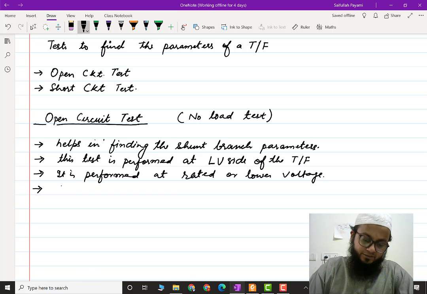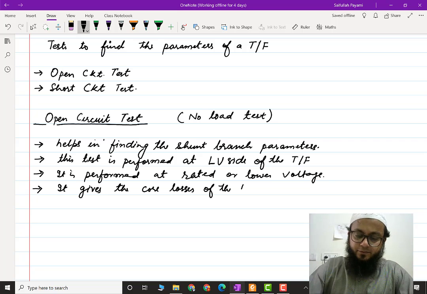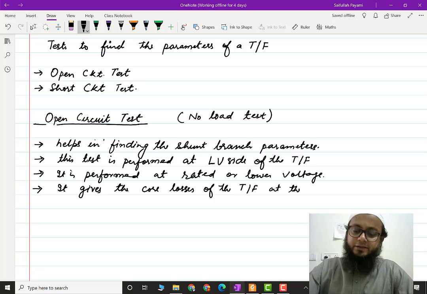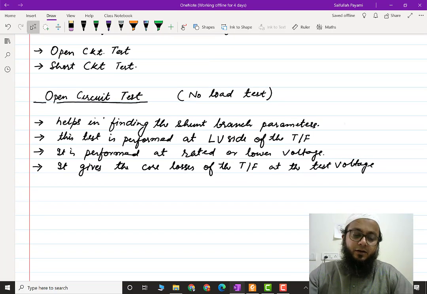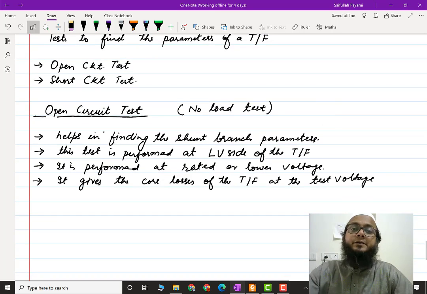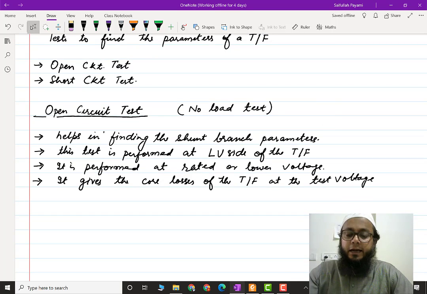And it gives the core losses of the transformer at the test voltage. Because I have said that core losses depend upon the magnetic field density at which we are operating it, and magnetic field density or magnetic flux depends upon at what voltage I am operating it. So if I have performed the test at rated voltage, it will give me the core losses for the rated condition.